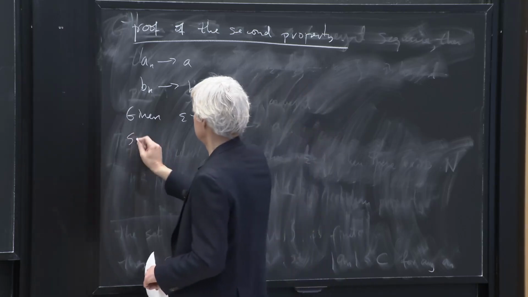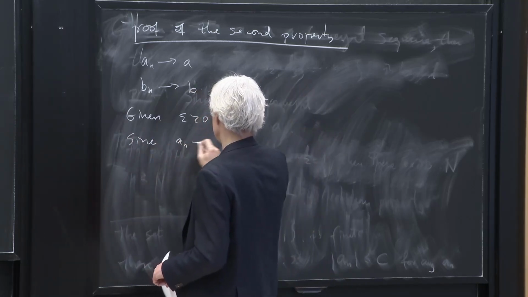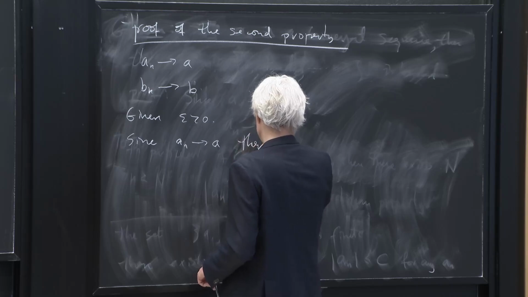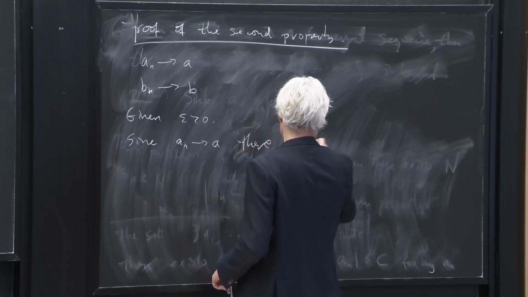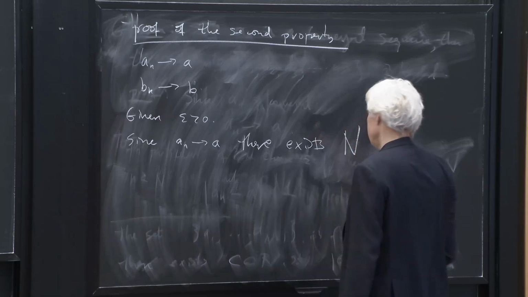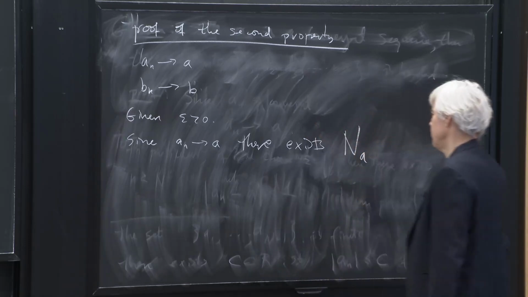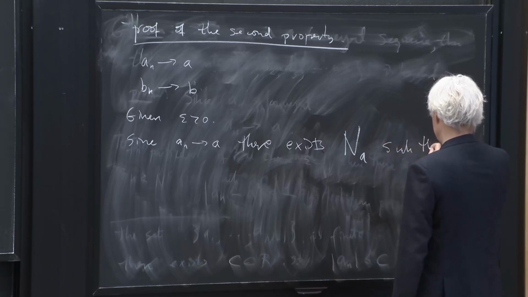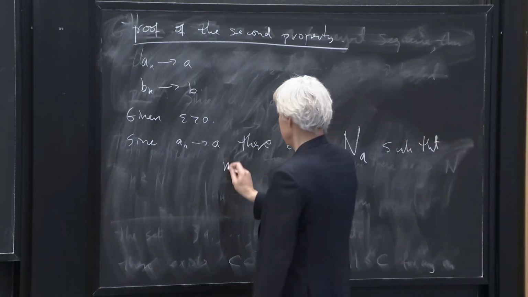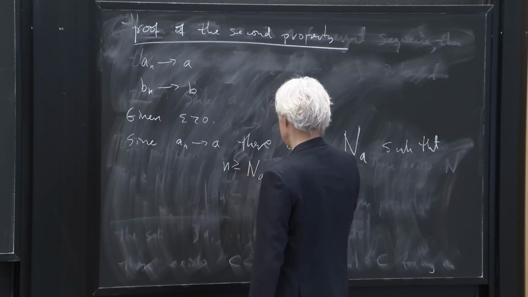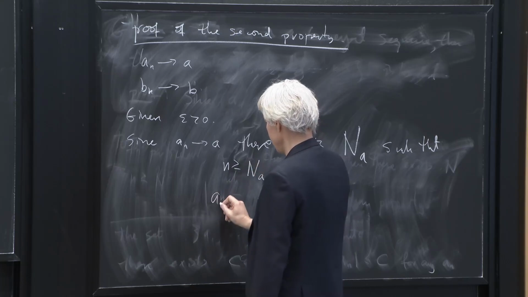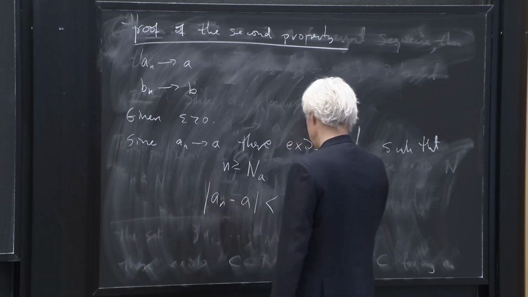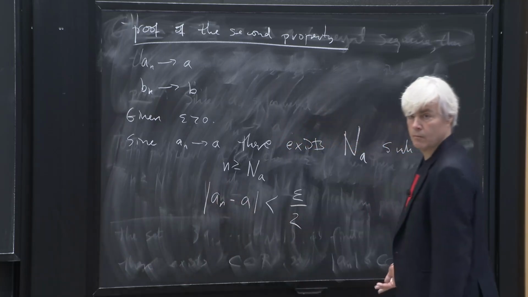So since An converges to A, there exists a capital N, and let me call it capital N subscript A, such that if little n is bigger than this capital N subscript A, then |An minus A| is less than epsilon over 2, right?